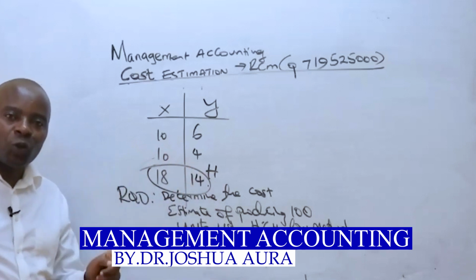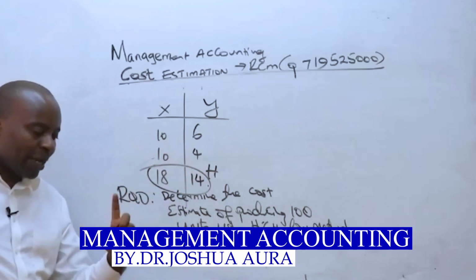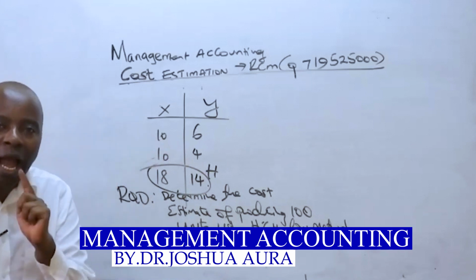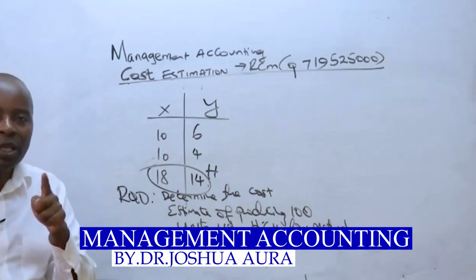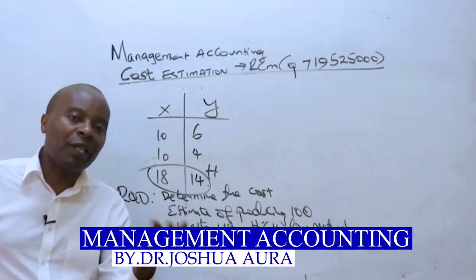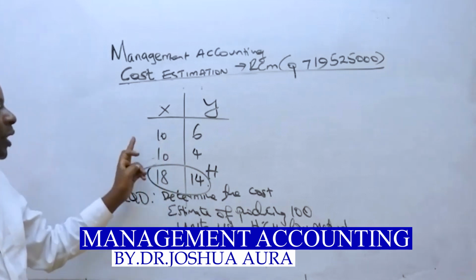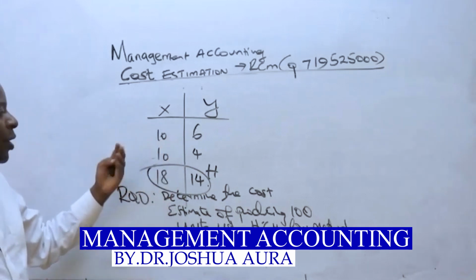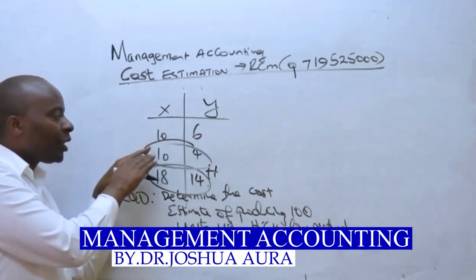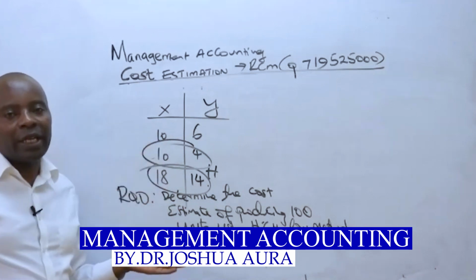So between the two, what will I do? Because both of them are lowest, we need a tiebreaker. Because I'm looking for the lowest, the tiebreaker here will be for me to look for the lowest of the very lowest. So do I work with 10 with a 6 or 10 with a 4? I would rather work with 10 with a 4, because that is much lower than 10 with a 6.